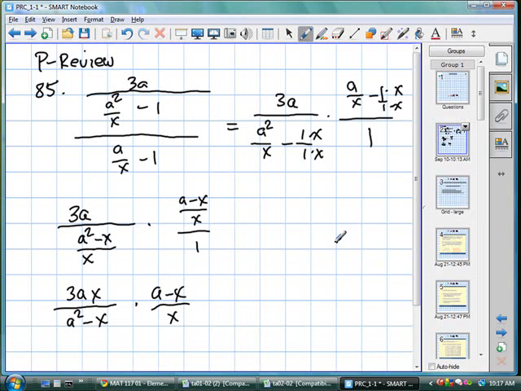Something over 1 is itself, so I just rewrote it. But over here I have one number divided by a fraction. So I took that same number and multiplied it by x over a squared minus x. That brought the x up with the 3a and left this downstairs. So are you seeing how I got there?